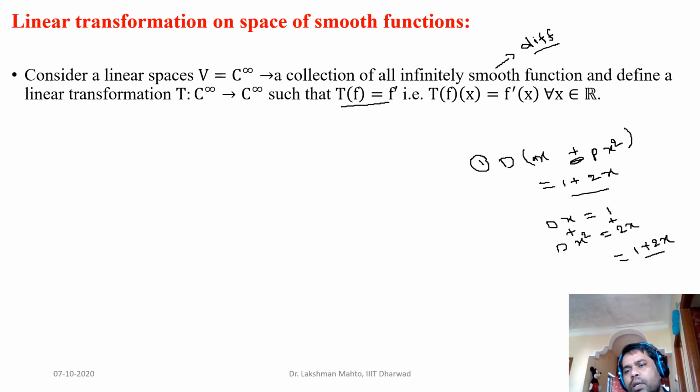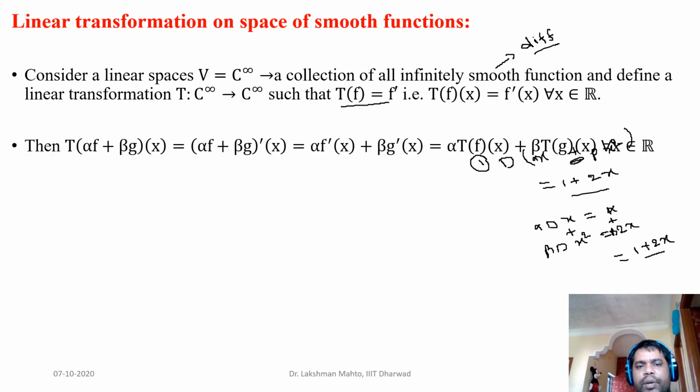Alpha will come here, and here beta times 2x will come. So that kind of thing you will observe, and it always preserves linearity. That's why derivative is a linear operator. That proof I had already given here.